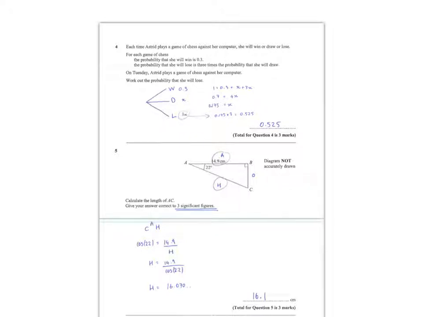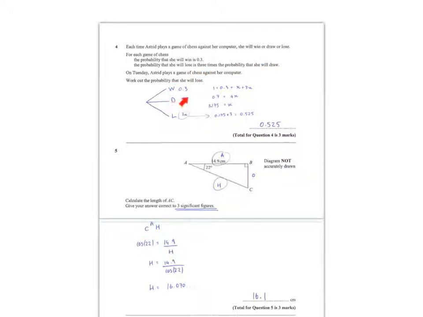Astrid plays a game of chess against her computer. She will either win, draw or lose, hence why I've created the tree diagram with those 3 options: win, draw, lose. Now the probability she will win is 0.3. Probability she will lose is 3 times the probability that she will draw.